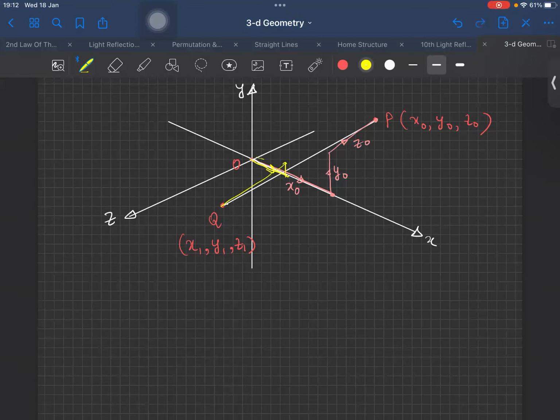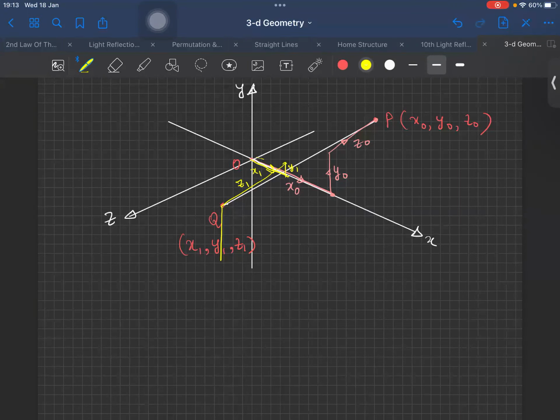So this represents your x1, this your y1, and this your z1, right? Now these two points can be represented as the diagonal of a cube.